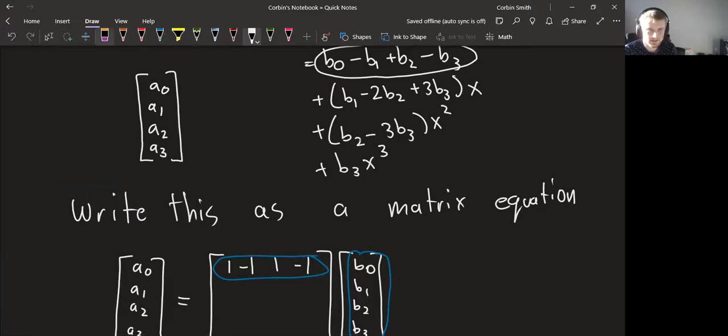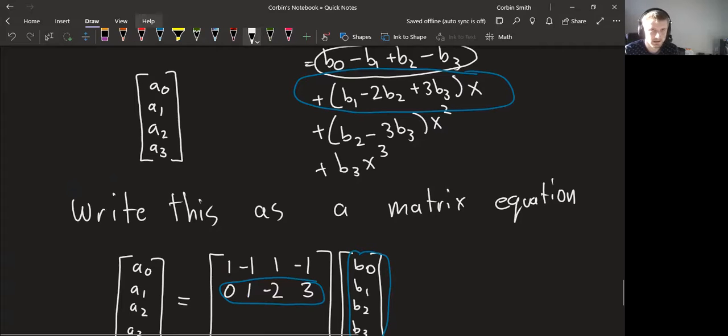All right, if we move this down here and look at this row right here, we're going to see that the coefficient of b0 is actually 0. The coefficient of b1 is 1, the coefficient of b2 is minus 2, then 3. This is starting to look like the upper triangular one, except there's going to be a 1 here and a minus 3 here.